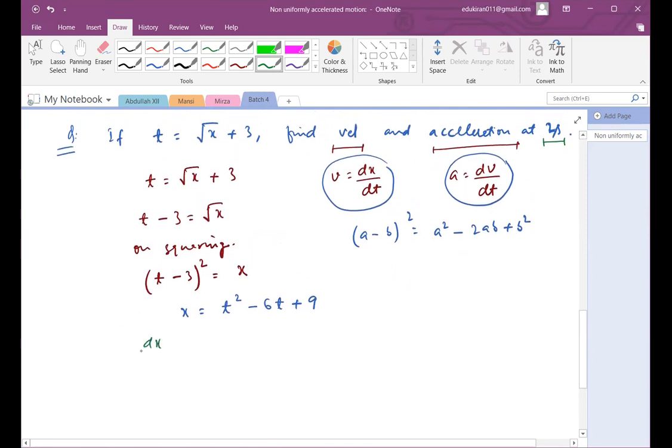If we differentiate it, Nabila, we have to calculate velocity at t is equal to 2 seconds.